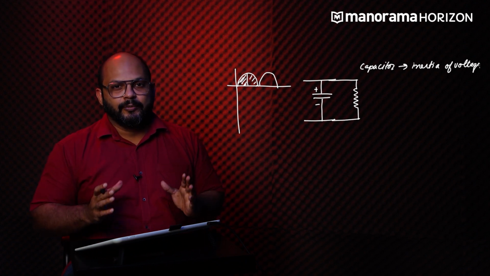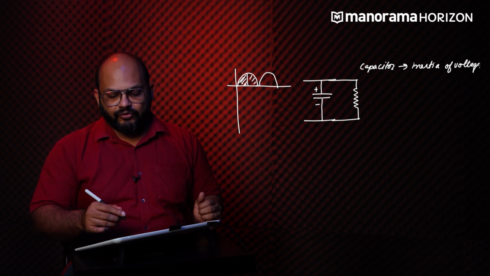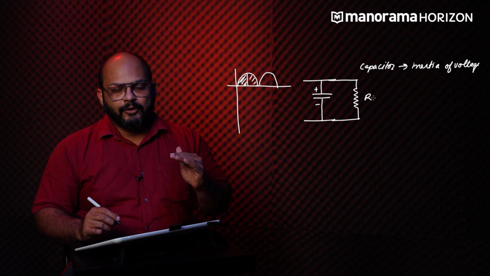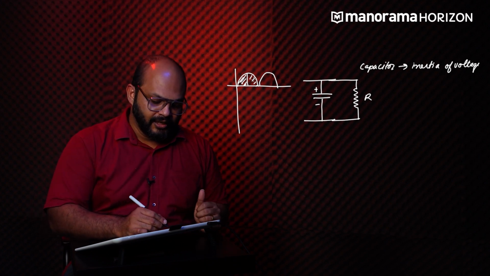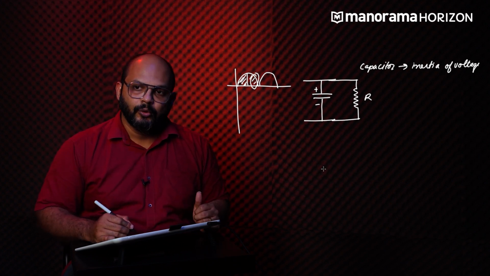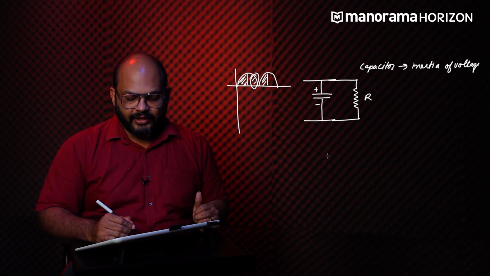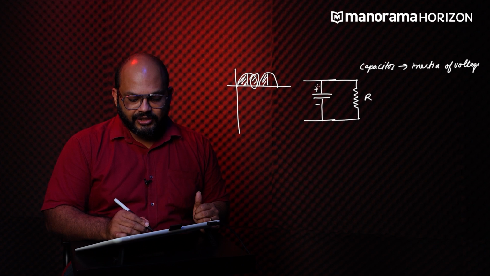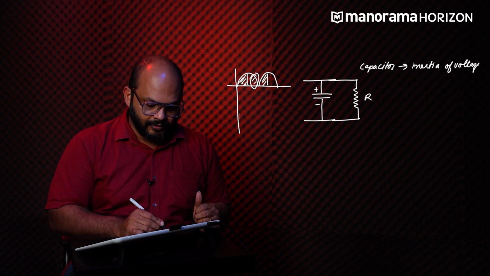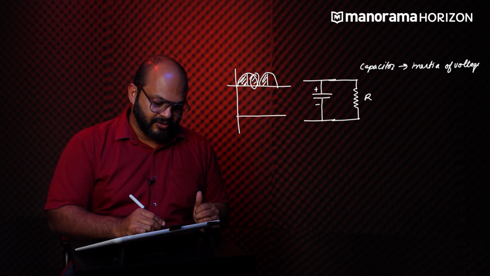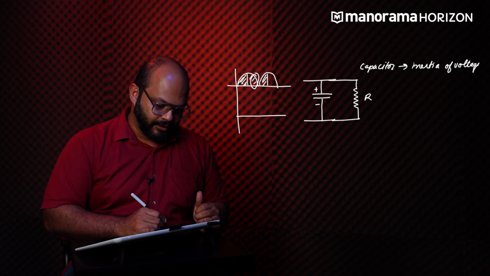That is, it tries to maintain the same voltage across the load. So it will try to maintain the same voltage across the load as the input voltage is going down. Again, when the voltage increases during the second half cycle, the capacitor will start charging again, and as a result, it will have a smoothing effect on the output across the load.